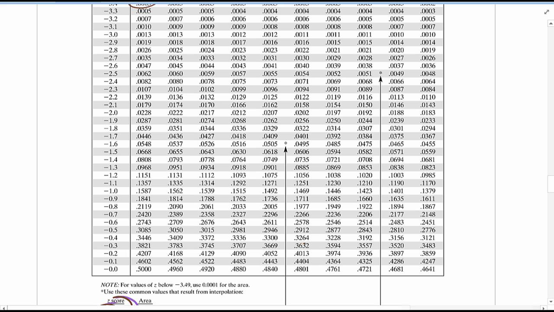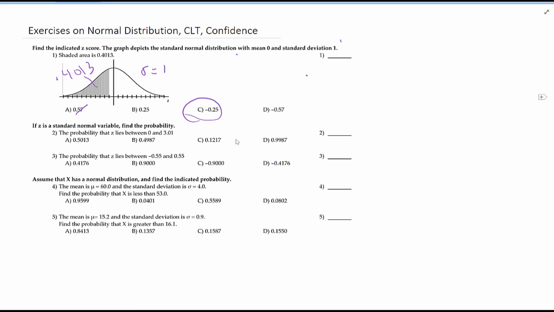And we see that the z value is negative 0.25. So that value goes in here. Negative 0.25, so that will be the answer. Okay? So that's problem number 1.